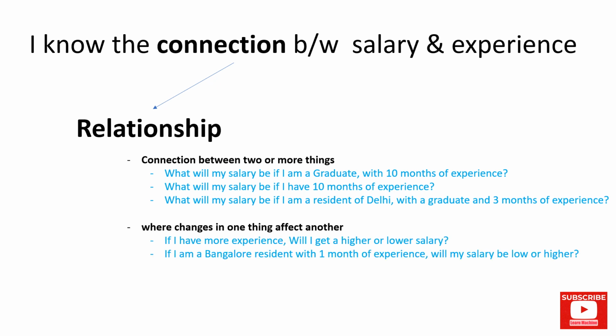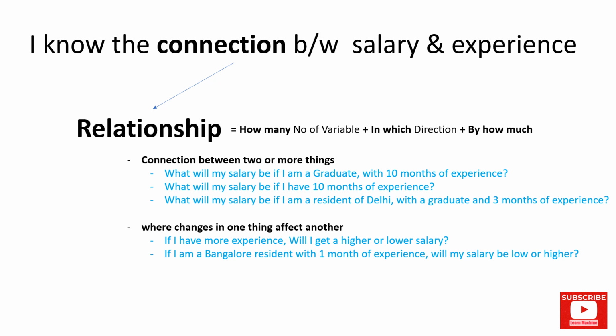For example, if I have more experience, will I get a higher or a lower salary? This is one relation. Or, if I am in Bangalore with 1 month of experience, will my salary be low or high? So this is the relation which I have with salary and the other variables.